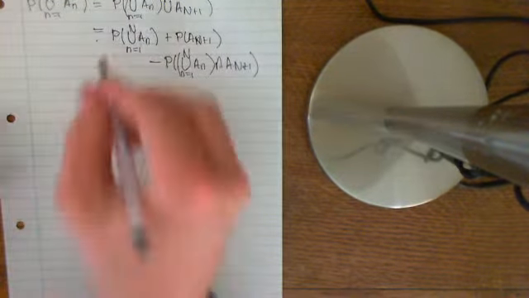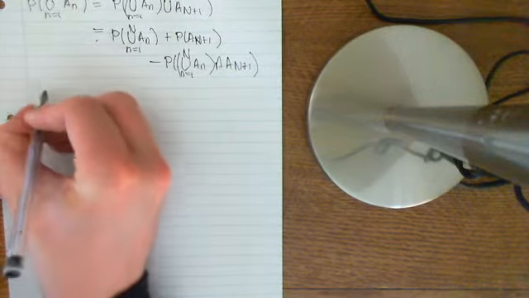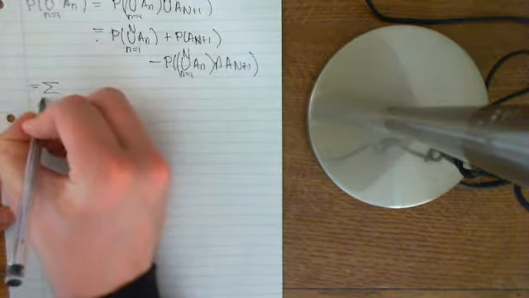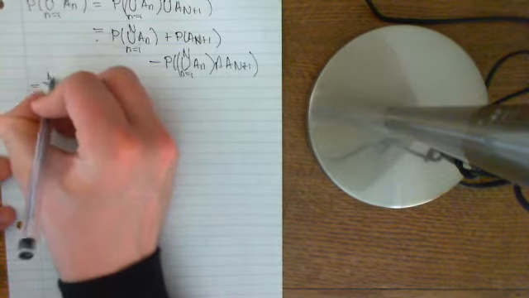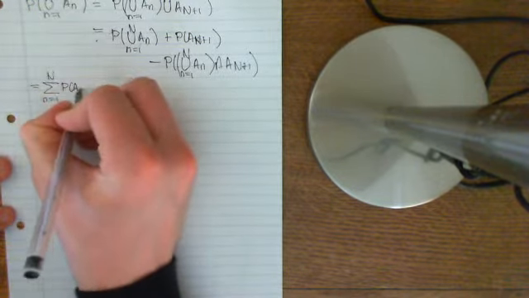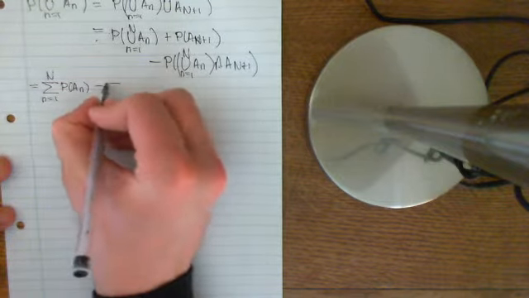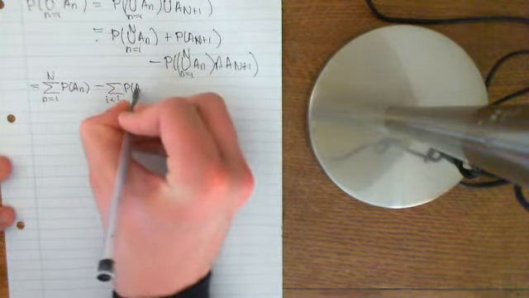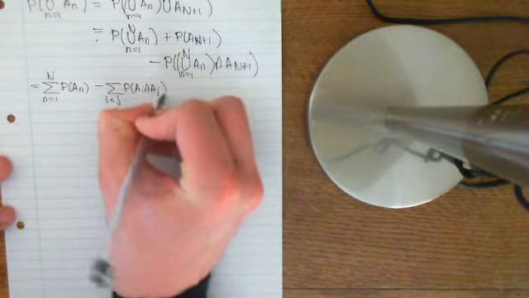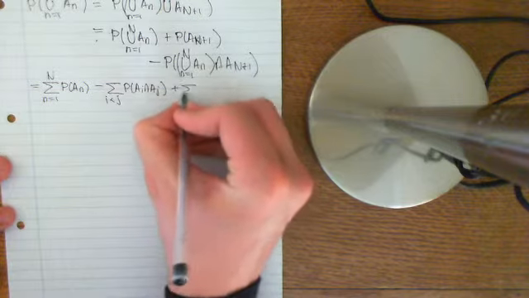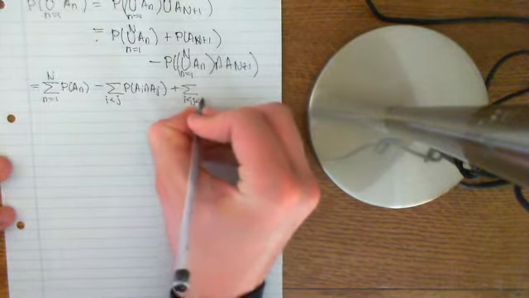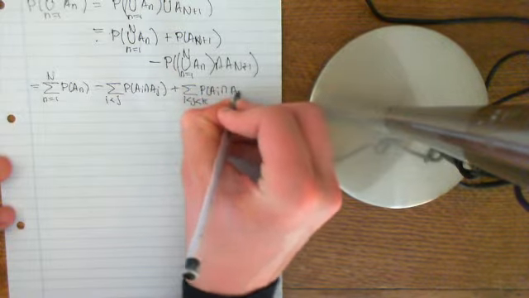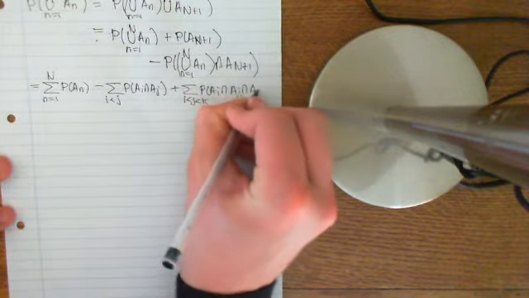Okay, so I apply the inclusion-exclusion formula then, and I get that this is the sum over n is equal to 1 to big N of the probability of little n, minus the sum over i less than j of the probability of ai intersect aj, plus the summation i less than j less than k of the probability of ai intersect aj intersect ak.